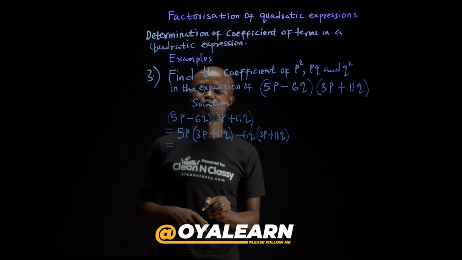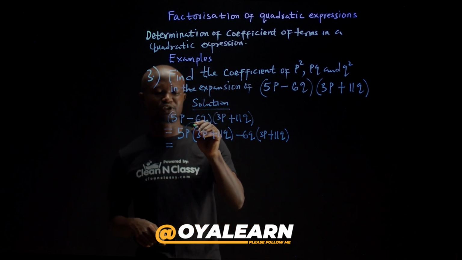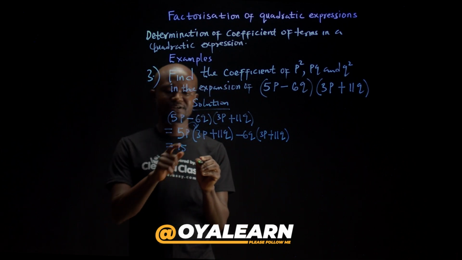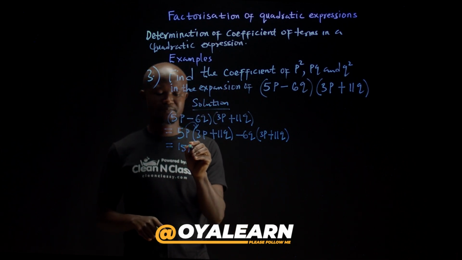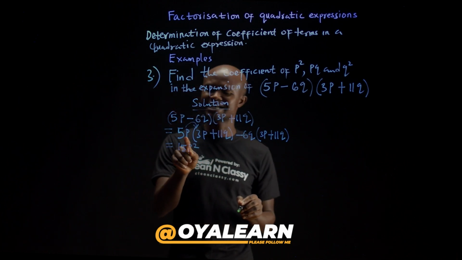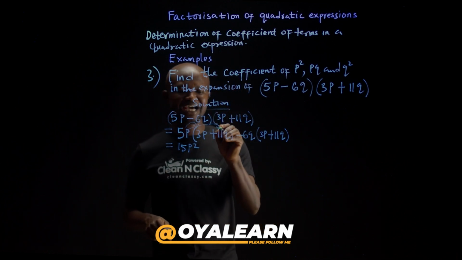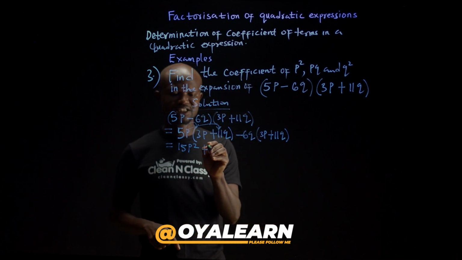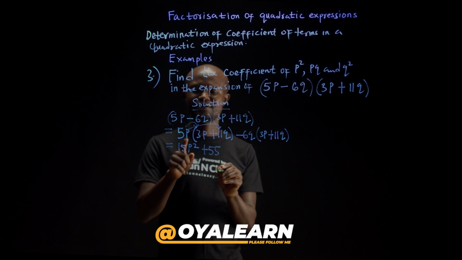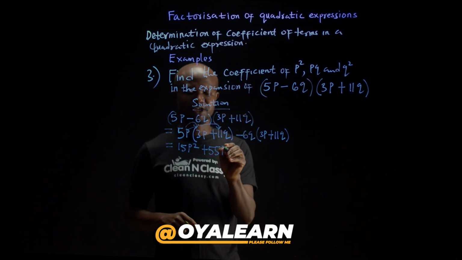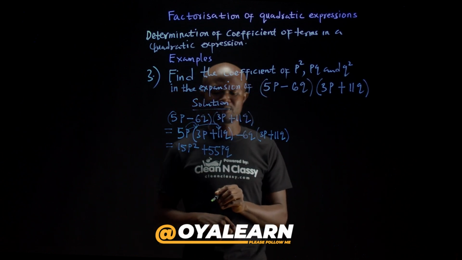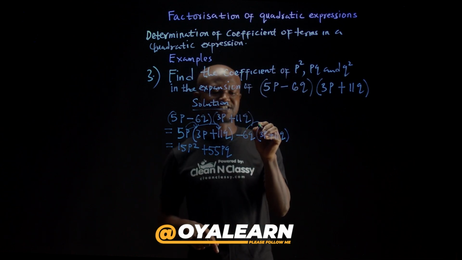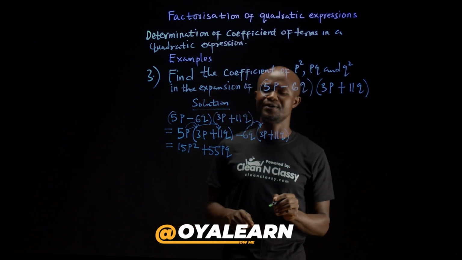Now, what do we do? We use 5p to multiply this. 5 times 3, 15. P times p, p squared. Now we use that same 5p to multiply 11q. 5 times 11, that is 55. P times q, pq. Now, we move to this next one. We use minus 6q to multiply 3p.